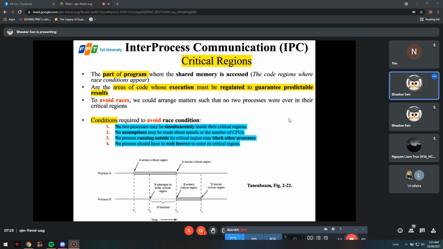No assumptions should be made about the speed of the CPU or the number of CPUs. Of course, if there are two processors, then speed will be higher. Okay, so speed of the CPU. That's true because the CPU itself is just another piece of hardware. And just like all the hardware, it is a mechanical device.